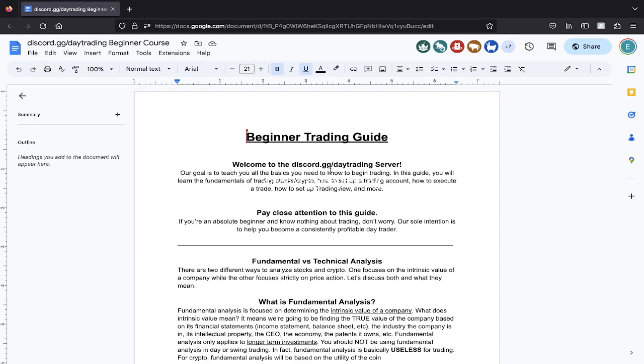So if something is bullish, that means I think it's going to continue higher. There's buying pressure. My overall bias on the trade or on the stock or crypto is that it's going to continue higher. So whenever I say a stock or crypto looks bullish, it looks like it's going to continue higher in price.